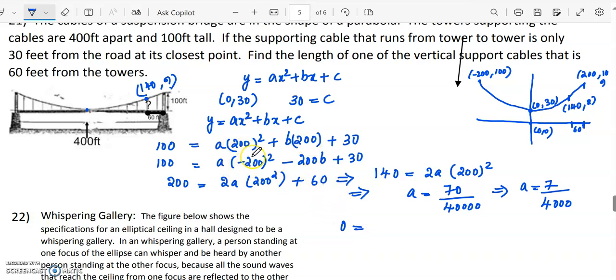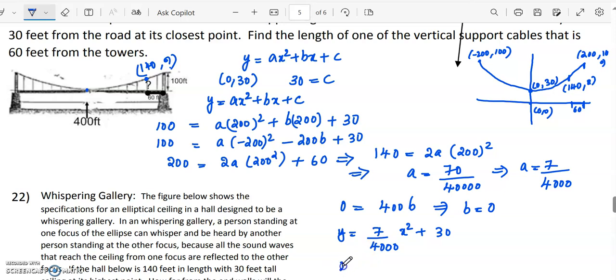So this term will go off, and we will get 0 equals 400b, and this difference also will be 0, so we get b equal to 0. So we have y equals 7 by 4000 x squared plus 30.